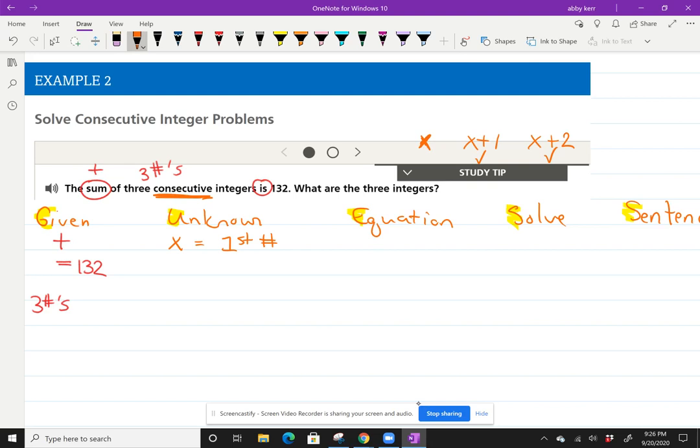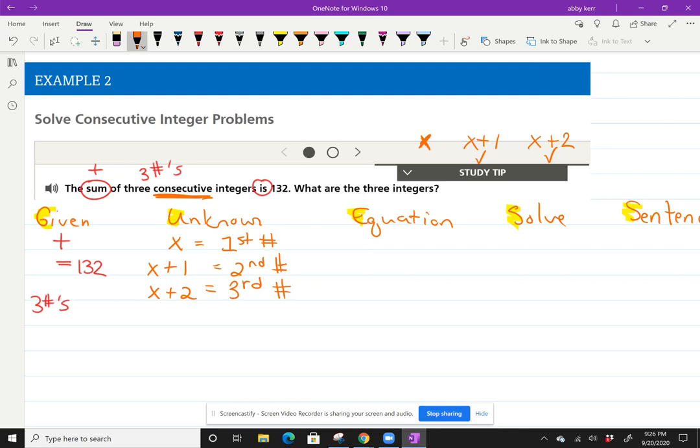So we know our second number is going to be x plus 1. And then our third number is going to be x plus 2. And we know that because it's a pattern, because they said in this problem 3 consecutive, so it happens in a row.